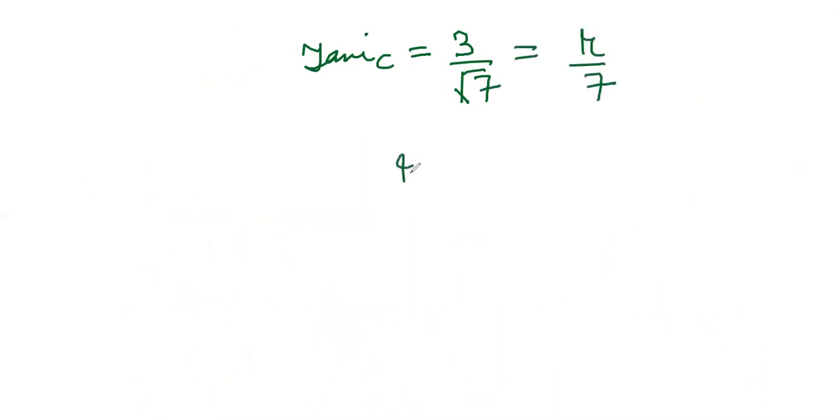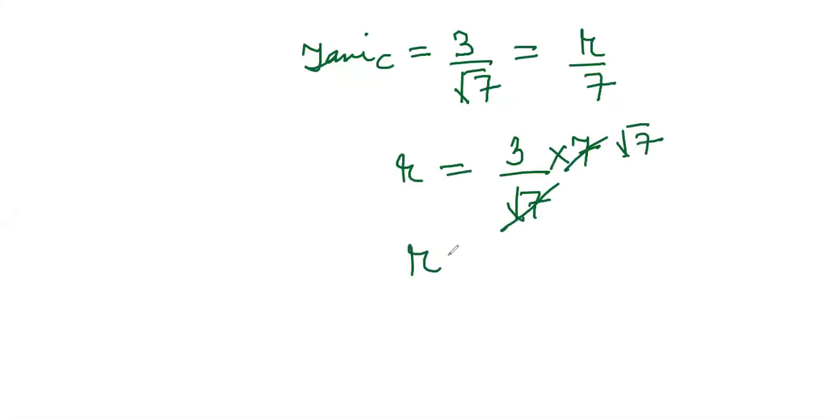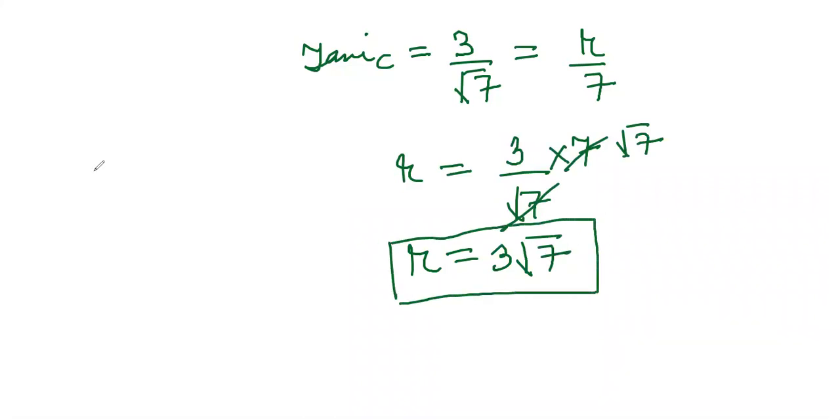From here we can calculate the value of R, that is 3 upon root 7 into 7. If I cancel this out, R is equal to 3 into root over 7.